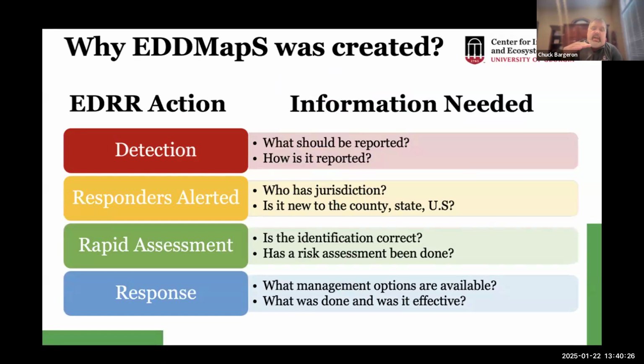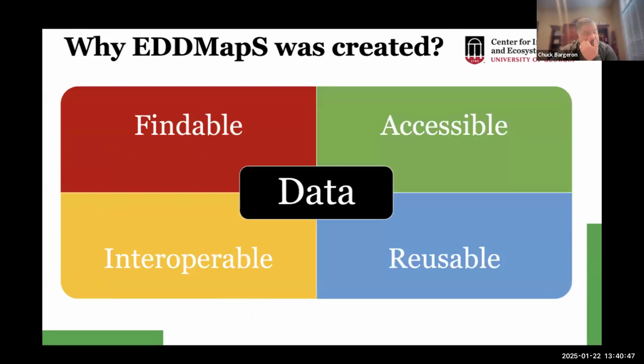And we've tried to look at the process of early detection and rapid response and what is needed at each step, and then build tools to fit around that. And that's where the verification comes in through EDDMapS, as well as linking out to different options and really trying to predict what's coming in the future.